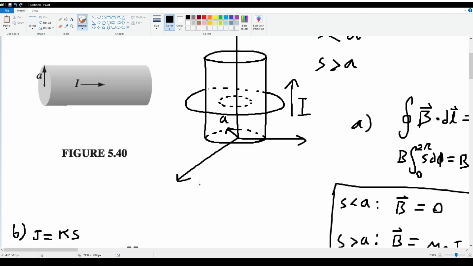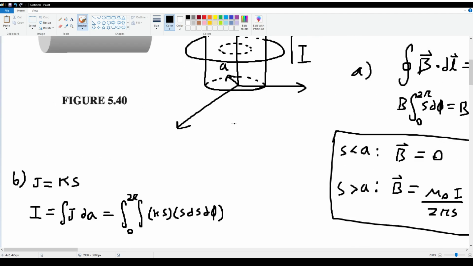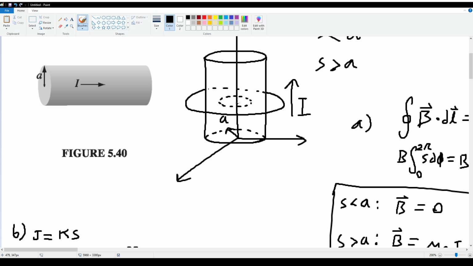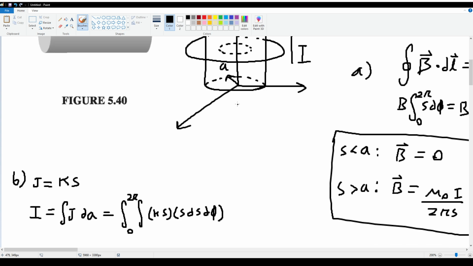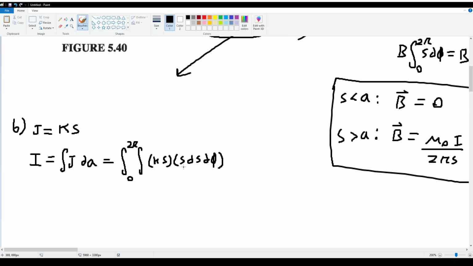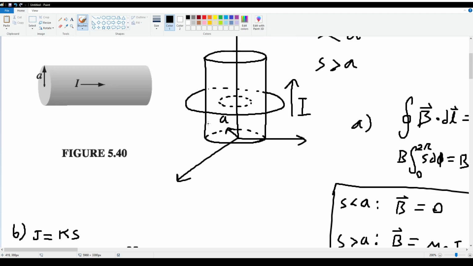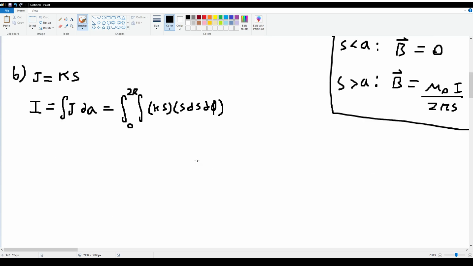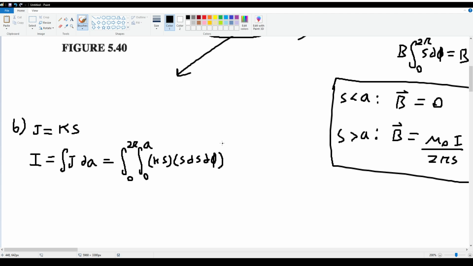And for ds, we're going from 0, because we're starting at the axis, out to the radius of the cylinder, which is A. And so this is the integral that we need to use to find the current.